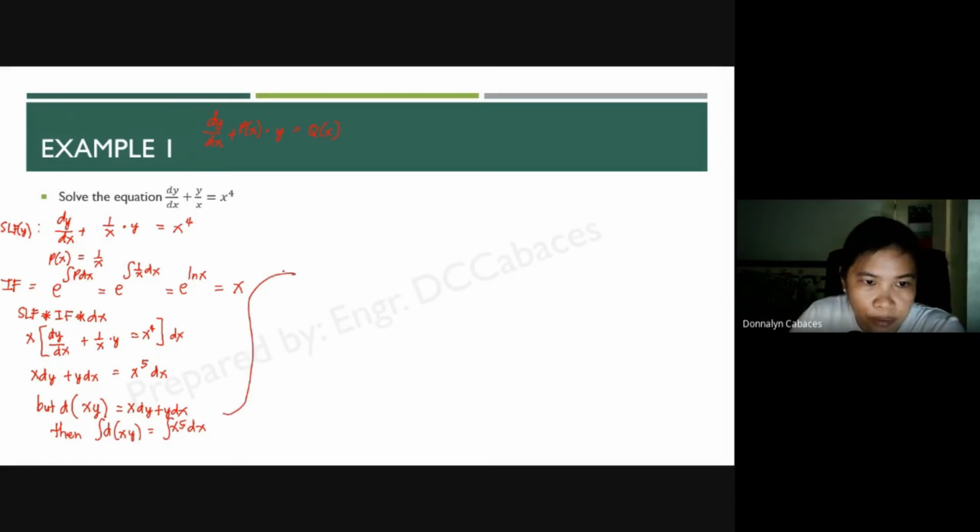And therefore, you have xy is equal to x to the sixth over 6 plus the constant of integration. Or simply, x to the sixth minus 6xy is equal to c. And that is the solution of our linear differential equation given.